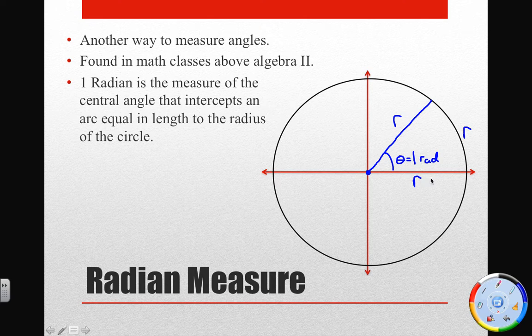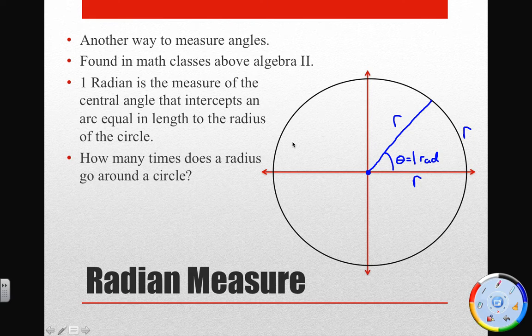So the radius is the same length as what we call the arc length. Now that's kind of interesting because then we can start looking at how this compares to degree measures. Well, one of the basic things you learned in geometry was how many times does the radius go around a circle?